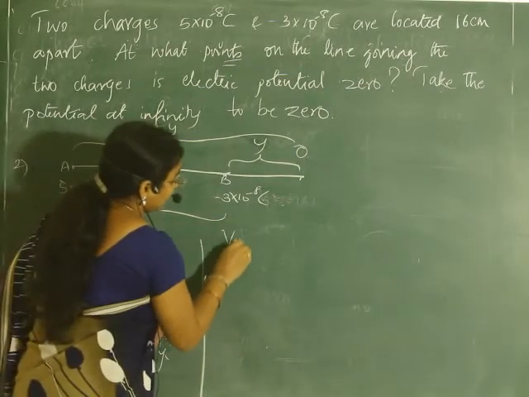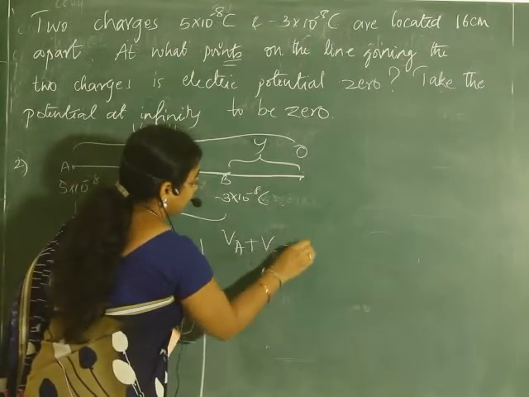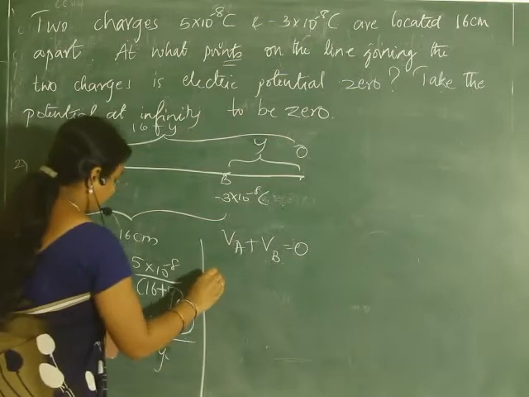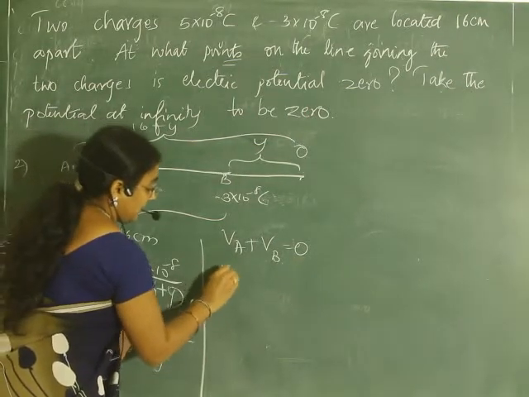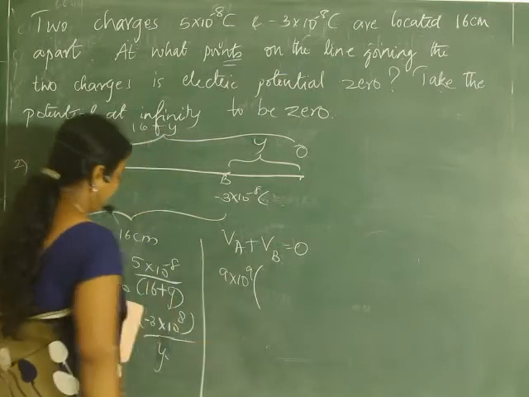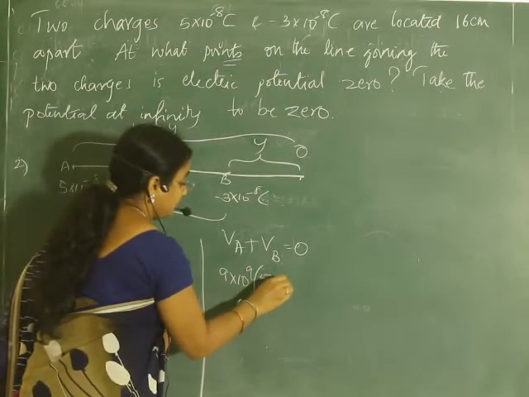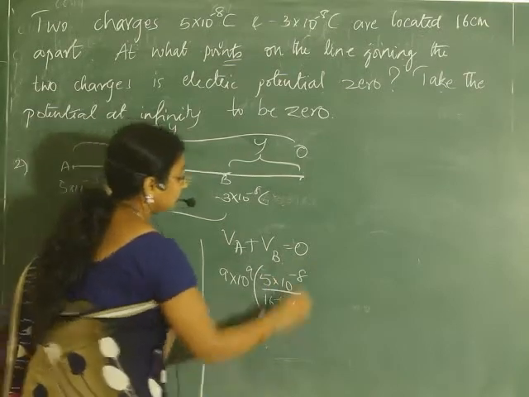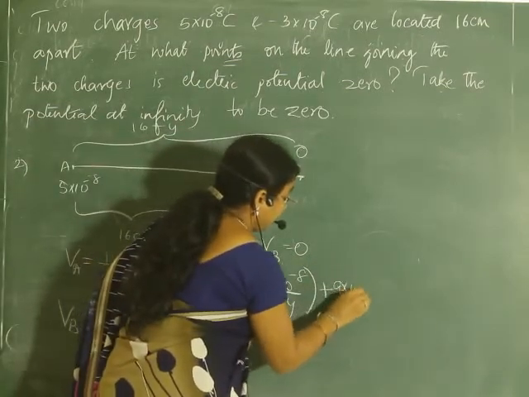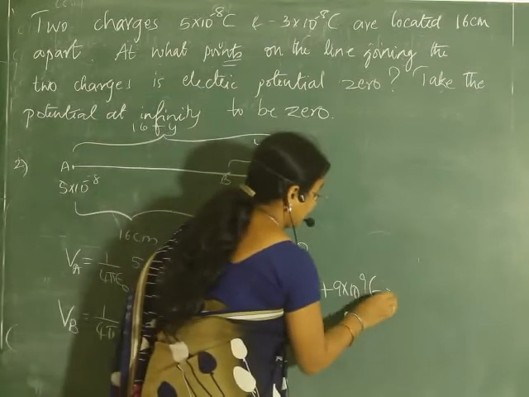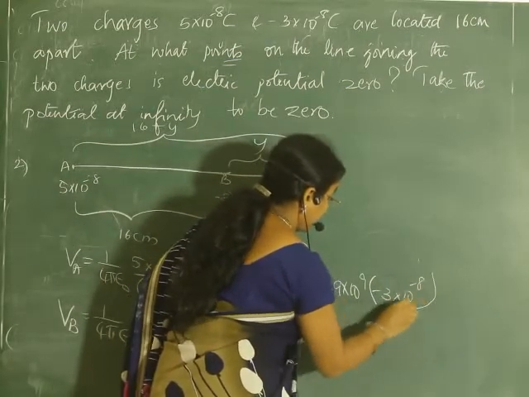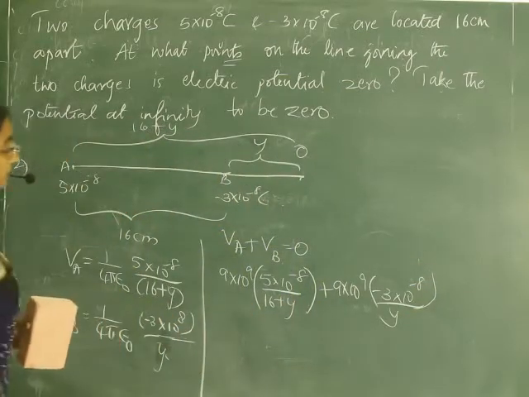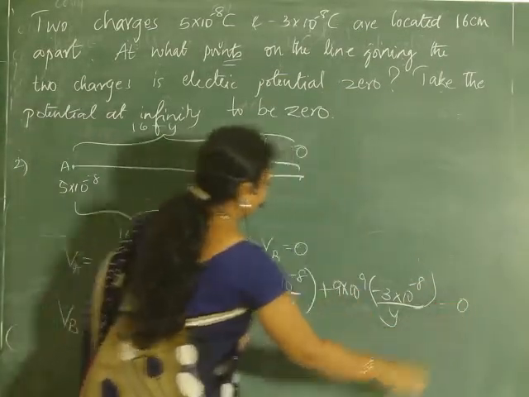Potential is 0 means VA plus VB is equal to 0. Therefore, now 9 into 10 to the power 9 into 5 into 10 to the power minus 8 by 16 plus y, plus 9 into 10 to the power 9 into minus 3 into 10 to the power minus 8 divided by y is equal to 0.